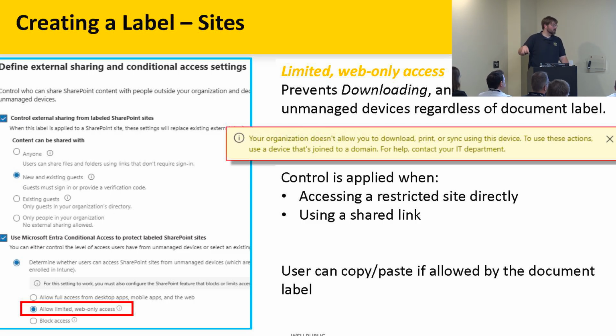So if they're outside of your environment at all, and from what I can see, this is not customizable in any way, so just keep that in mind. Anything in a SharePoint site that has this label on, if you're not joined to your domain, you cannot download it, you cannot print it.